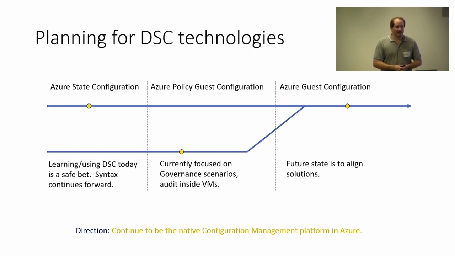Just want to confirm one other thing. So what you're saying is if you use DSC today, you can continue using that once they release all of the Azure capability. The syntax will remain the same. It's just the underlying, they're getting rid of the MOF files and they're using PowerShell Core.